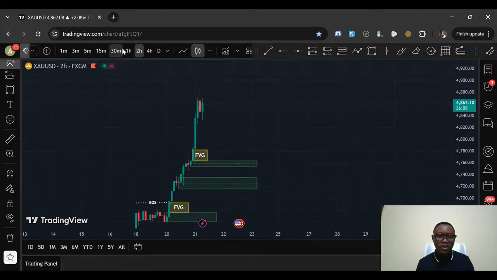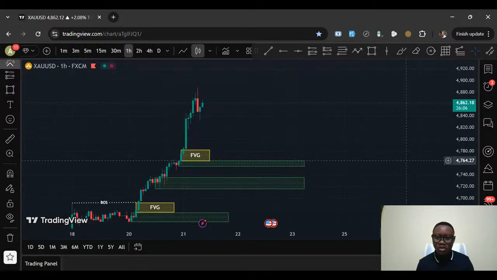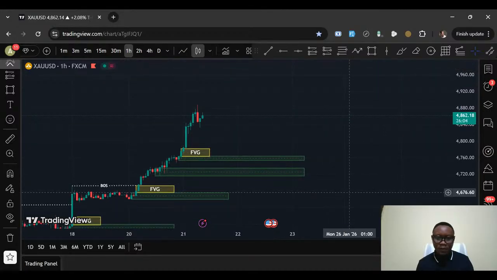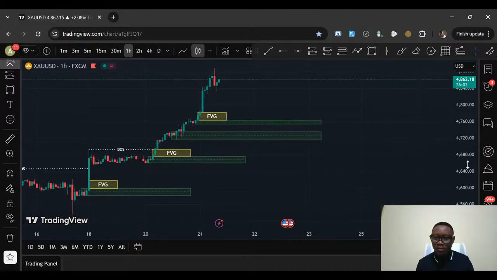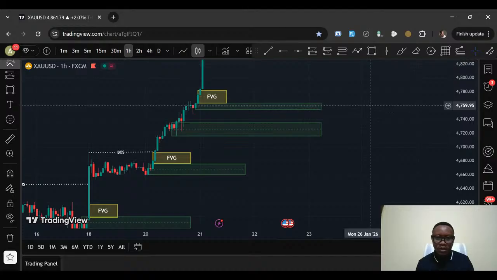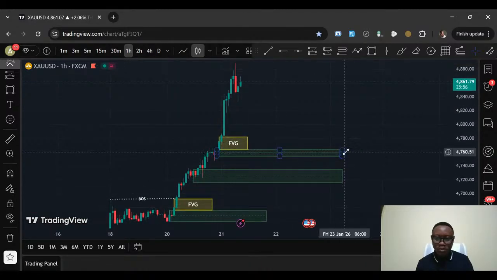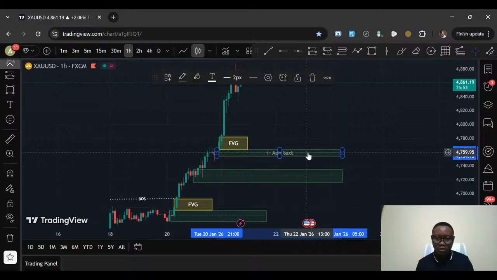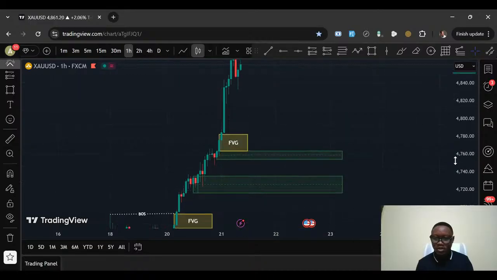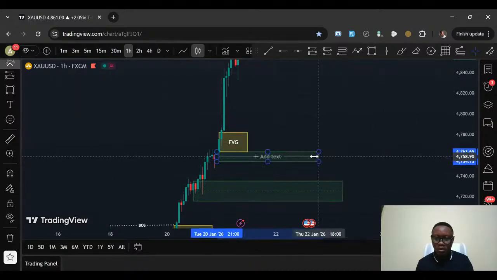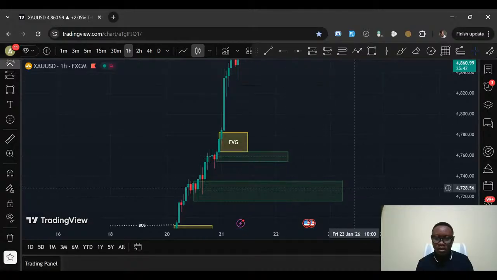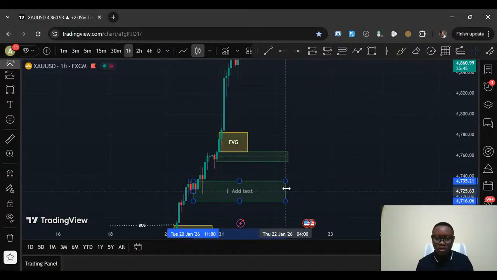Okay, so let's further refine the zone. Let's drop down to 1H. So on the 1H time frame, we have, okay, this zone still aligns with that of 2H. This zone, let me minimize it a little, good. And this, bring it closer.